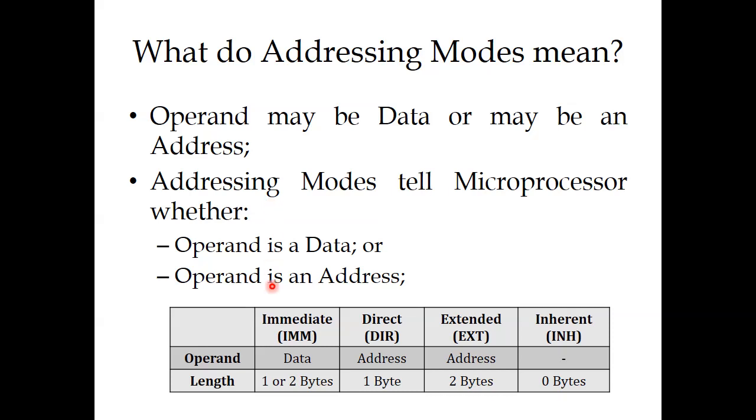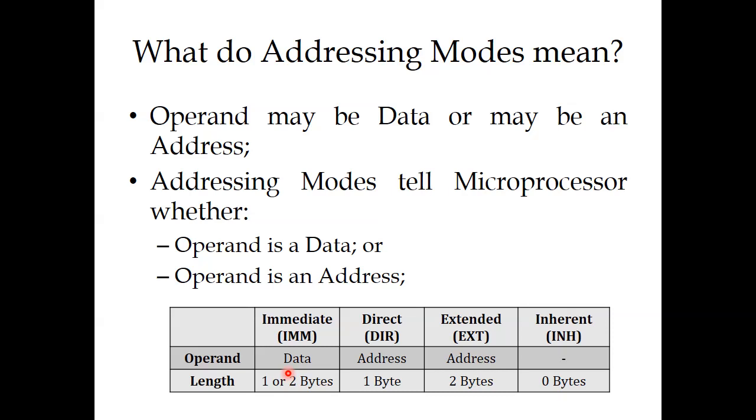Now, I put a little chart here that gives you an indication of how I know it. If my addressing mode is immediate, that means my operand is data. So no matter what, if the addressing mode is immediate, it is data.